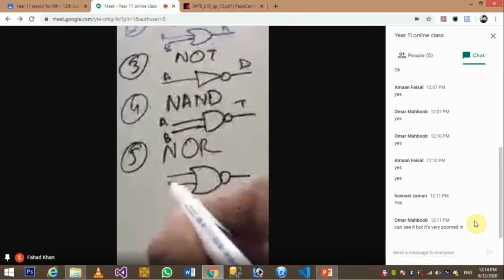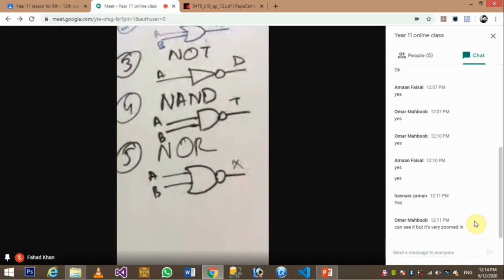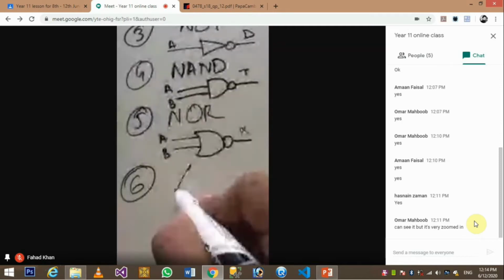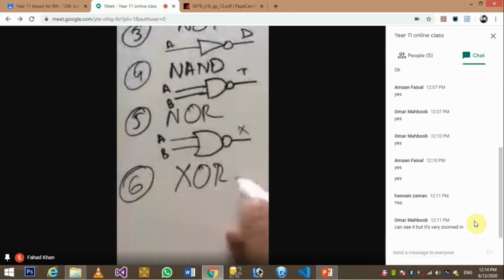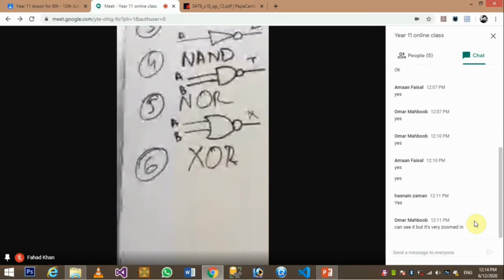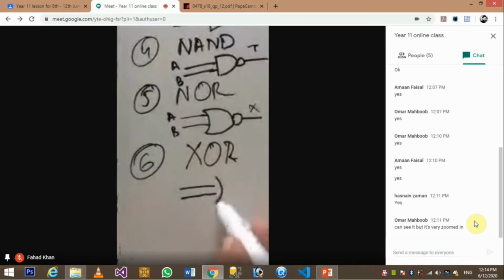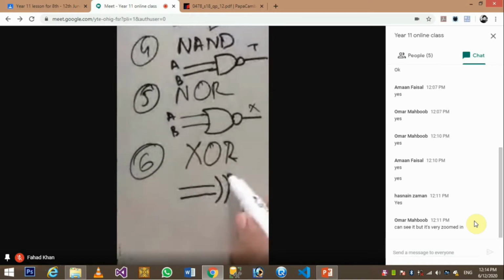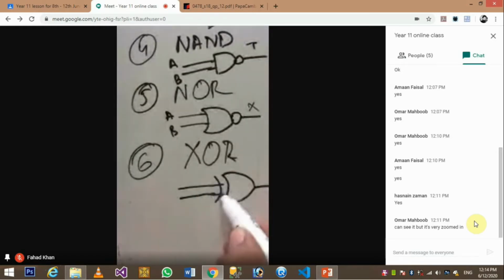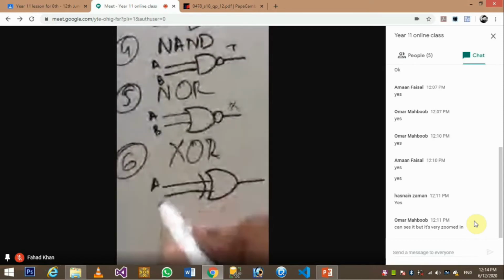We have two inputs again and one output. The sixth one, which is a bit different too, is XOR, exclusive OR, and the representation of XOR is a mix of the OR gate with an extra curve. A, B, and X.